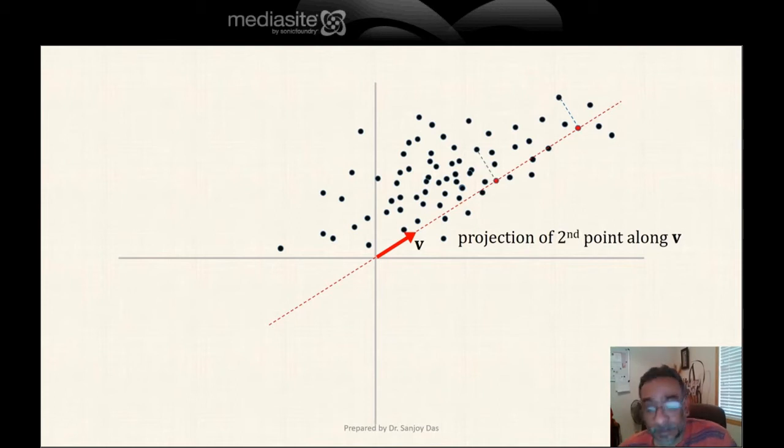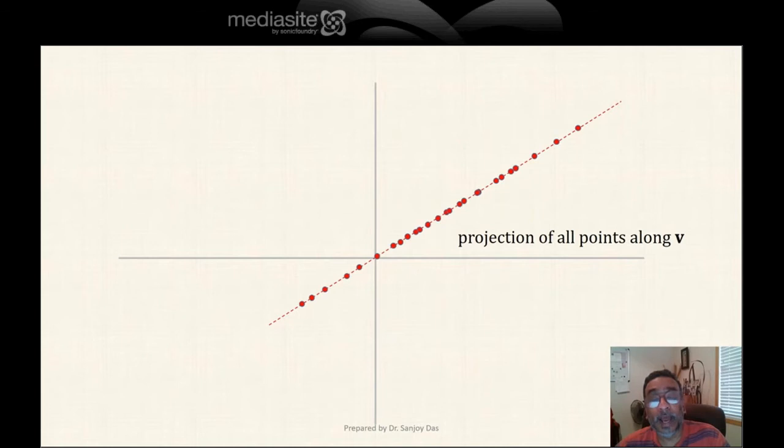And then in a similar manner, we can project another point to this red dotted line, which is defined in terms of this unit vector V. And then we proceed with a third point, and likewise we continue with all the points, and so what we land up with is all these projections along this red dotted line.